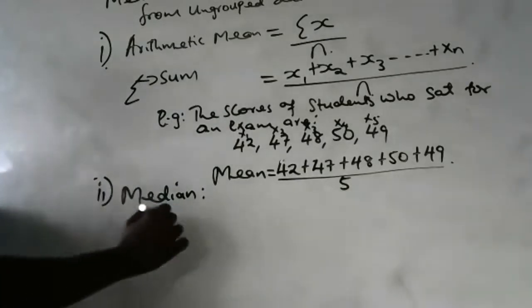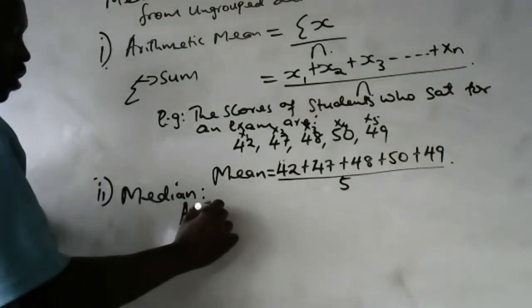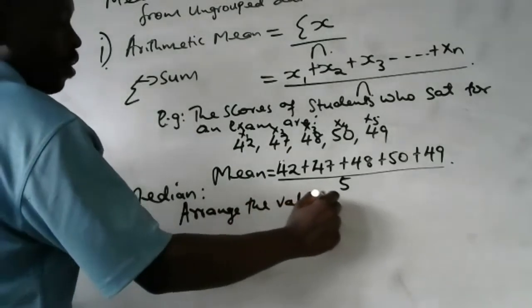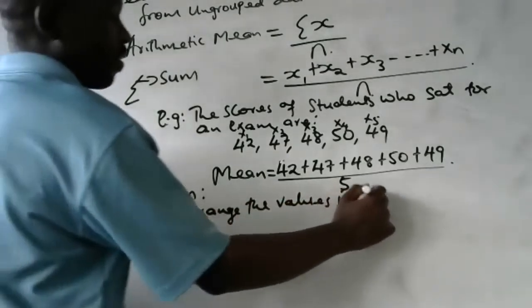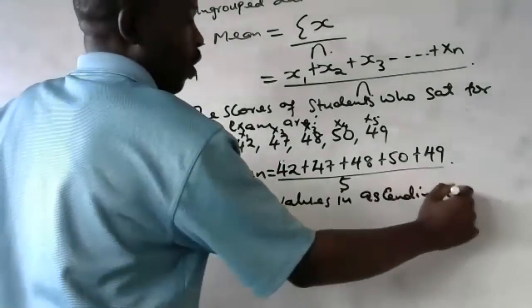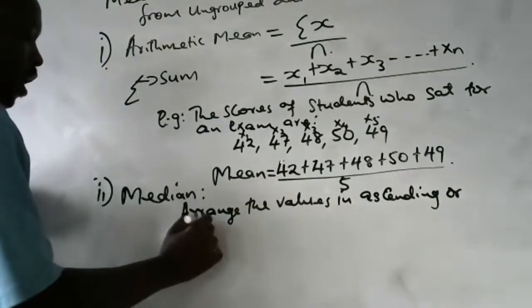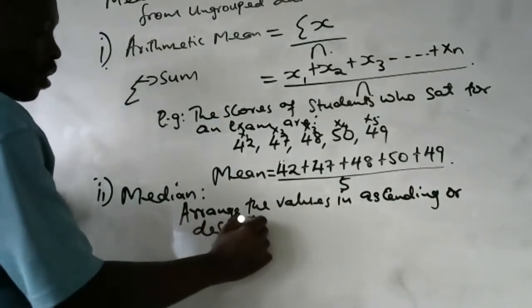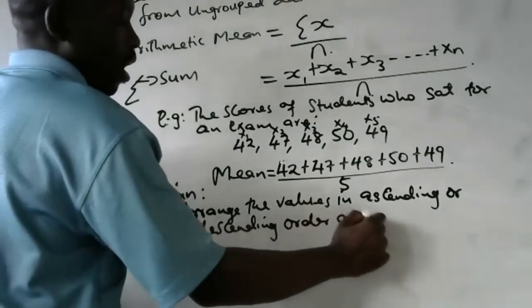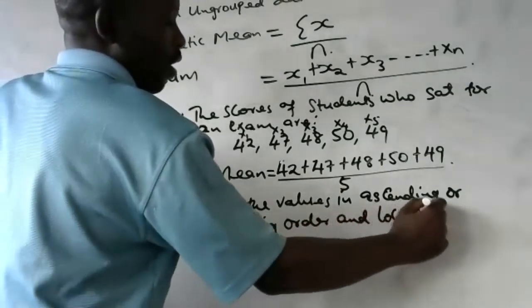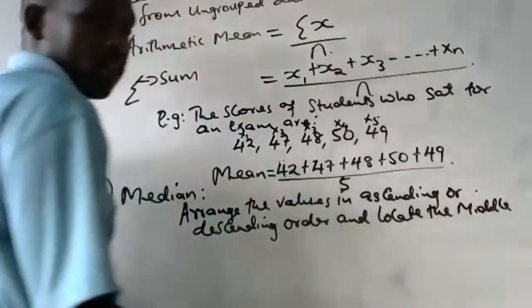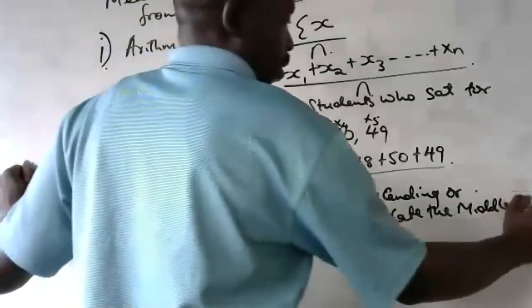You just do this: arrange the values in either ascending or descending order, and locate the middle value.